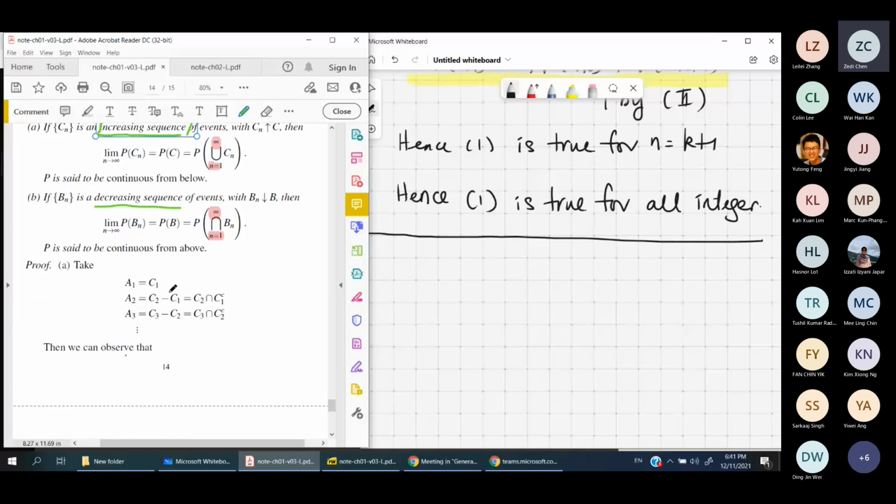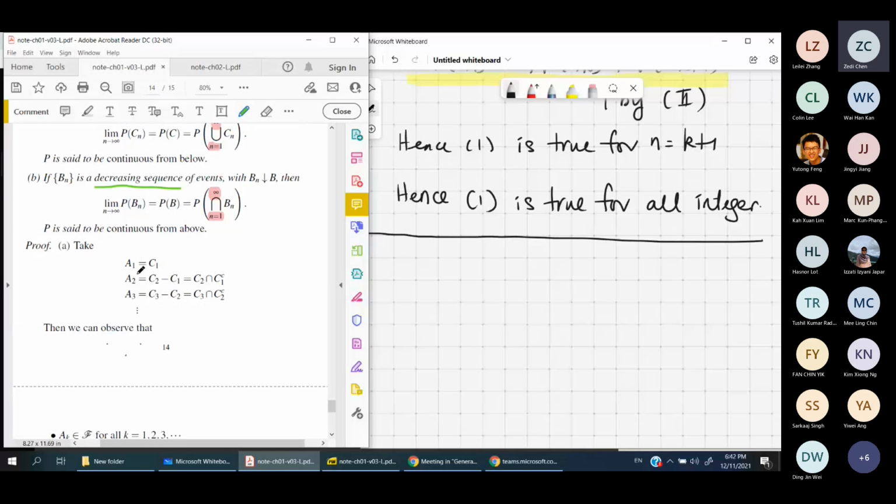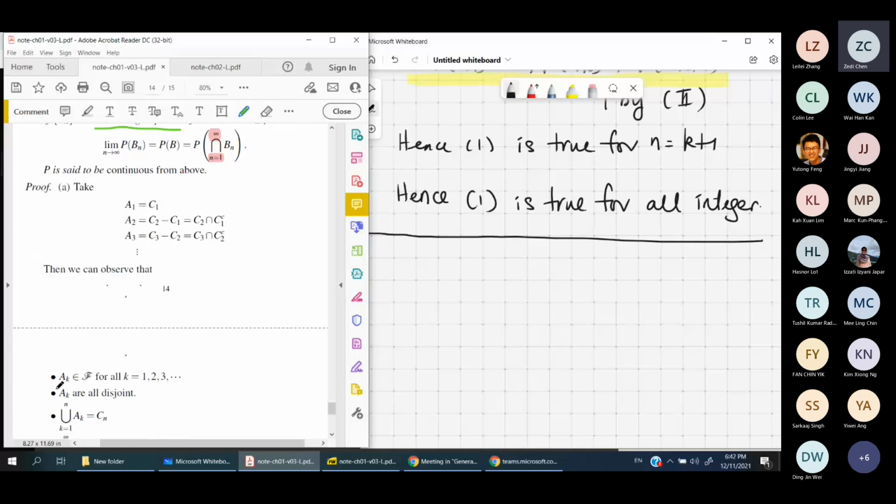Okay. If we construct our A1, A2, A3, A4 like that, we can see that each Ak must be an event. I think this part should be okay, right? I don't think I need to explain this part for you, because of the intersection of events.